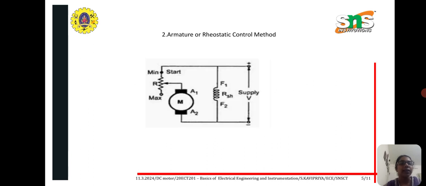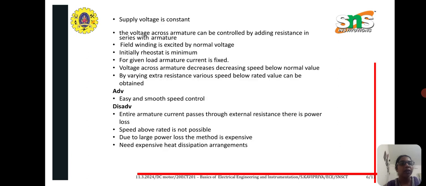The second is the armature or rheostat control method. In this method, the supply voltage is constant. The voltage across the armature can be controlled by adding a resistance in series with the armature. In the previous one, the rheostat is added along the field winding; here it is across the armature.